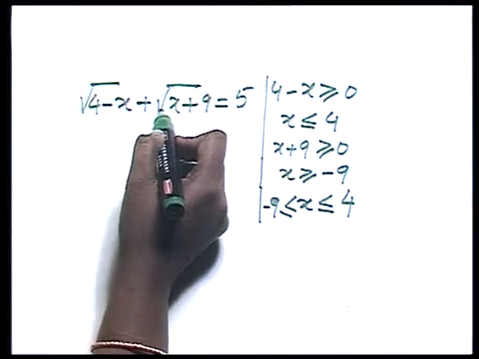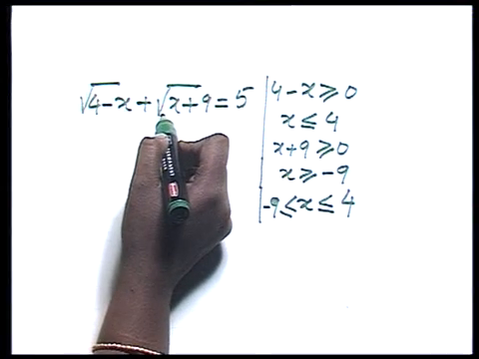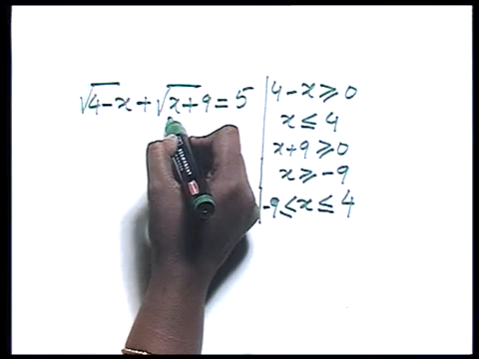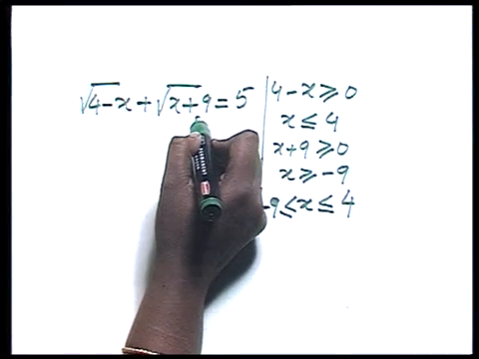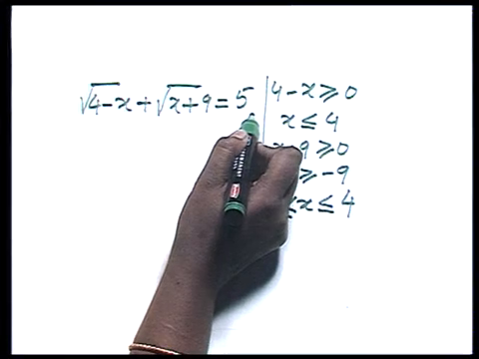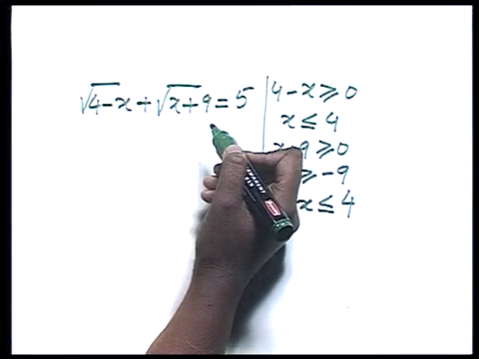Now, how do we remove these two radical signs? Let us square both sides and see what we get. Before squaring it, let us take one of the expressions involving a radical sign to the right hand side. That will make our work easier.